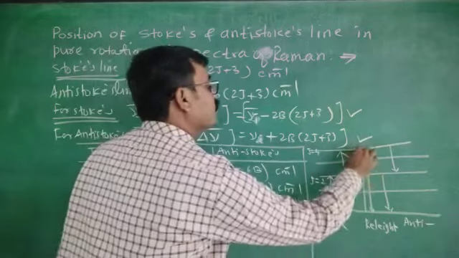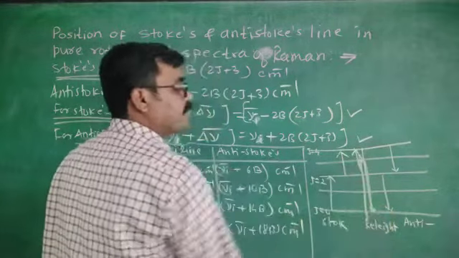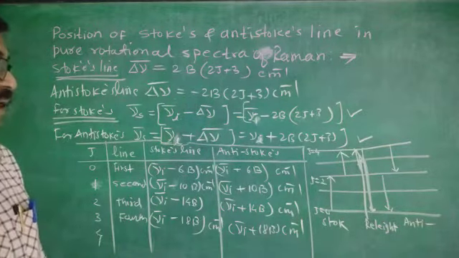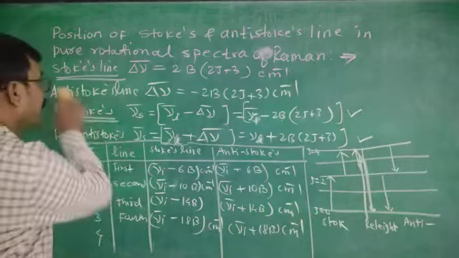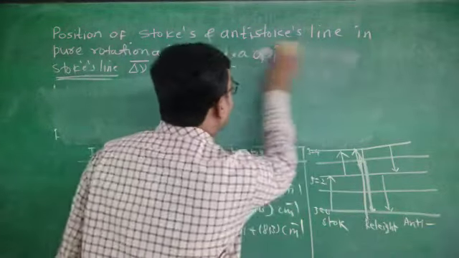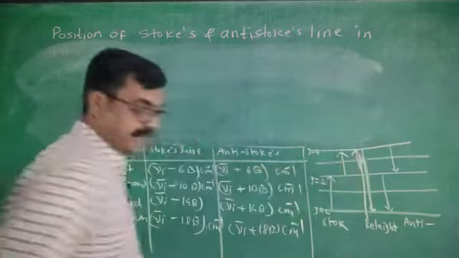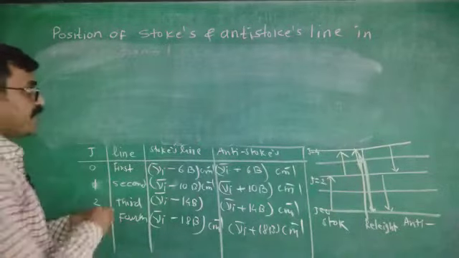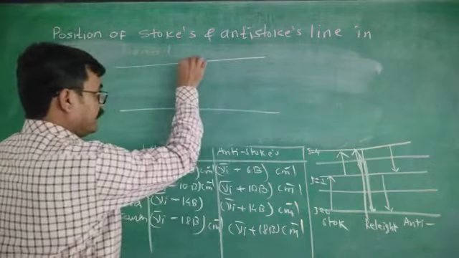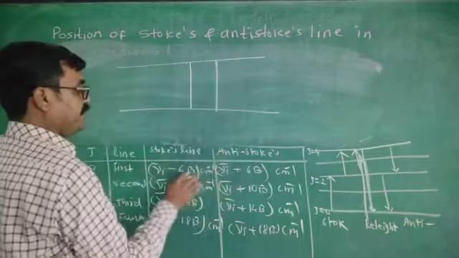Instead of this, you may consider this in the diagram. Same, ν̄_s is equal to ν̄_i. Now if we plot a graph, or if we record it on a photographic plate, then it will be observed that for Rayleigh scattering here, then here it will be 6b.